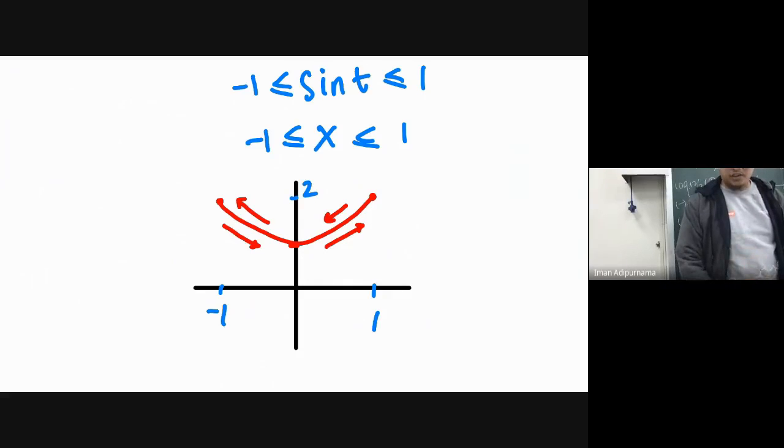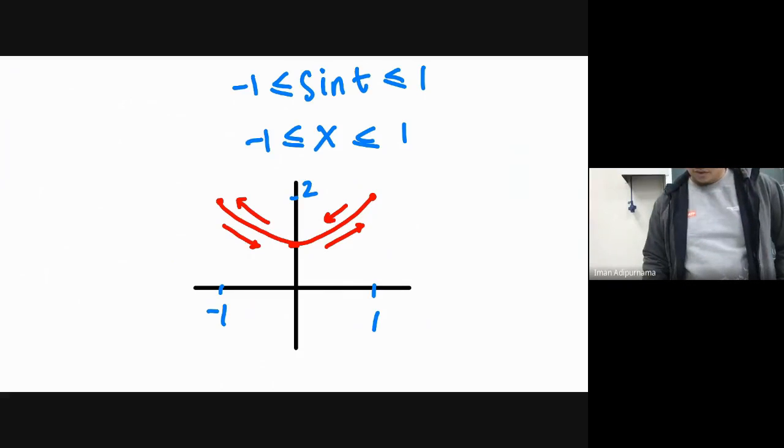Actually, for circular motion, there is also a certain curve.